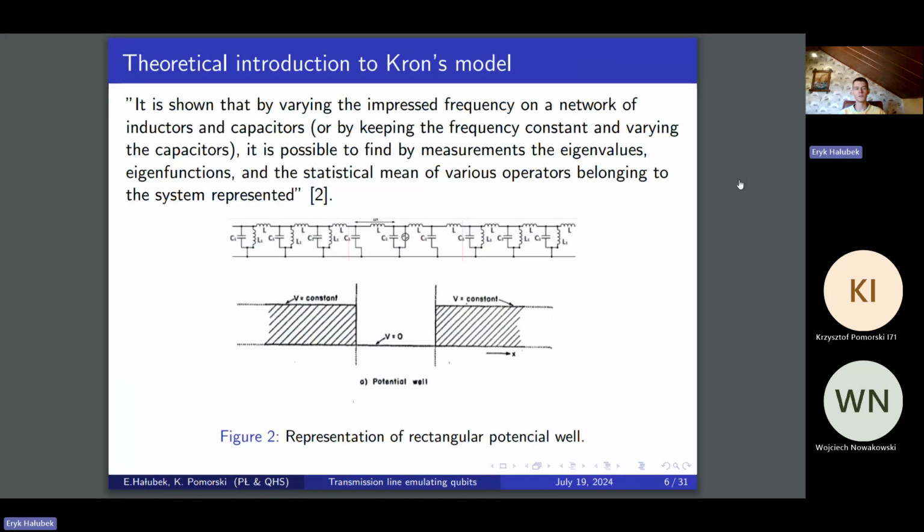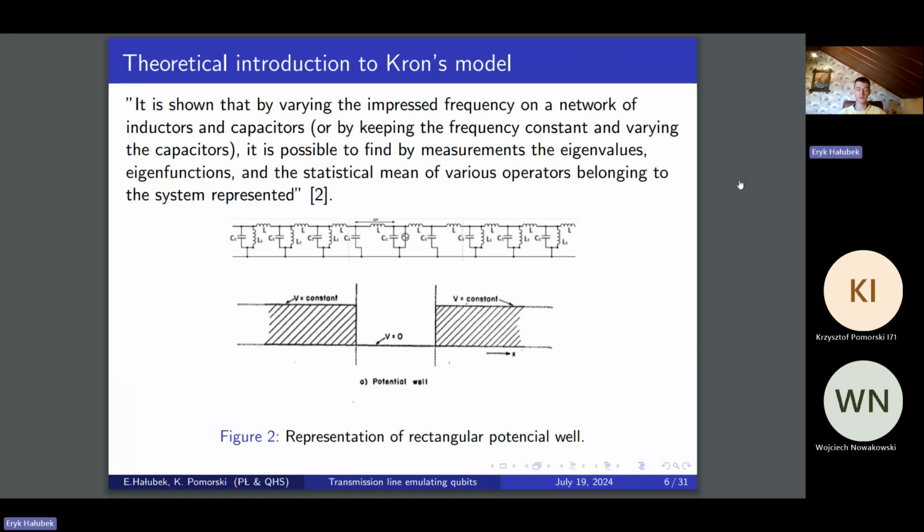He was known for this model that showed that the Schrödinger equation could be emulated by an electrical circuit. And here's an example of the circuit. It's only a part of a very long line of capacitors and inductors.